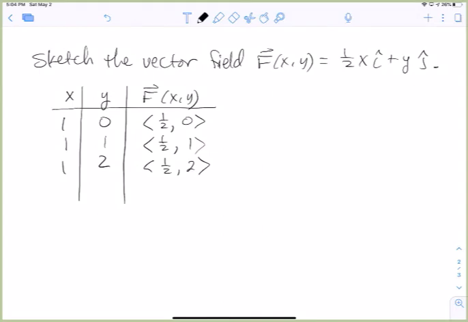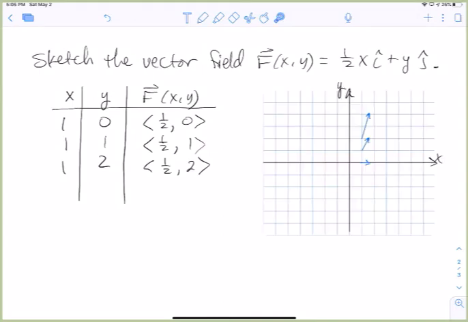Let's graph them. So the ordered pair (1, 0) maps to the vector (1/2, 0). The tail of the vector is the point of the input, right? So (1, 0), and we see that that's a short little vector pointing to the right.